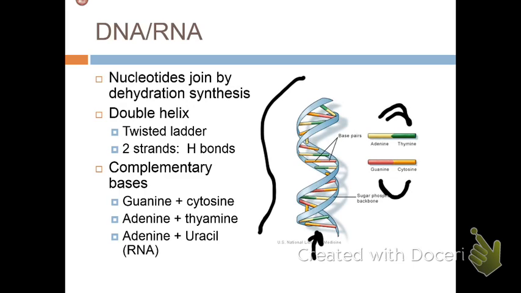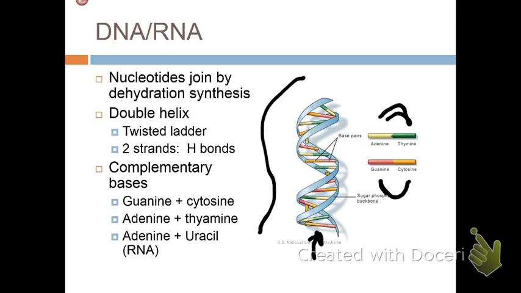These are called complementary base pairs in DNA and RNA. Guanine will always pair with cytosine. Adenine always pairs with thymine, and in RNA, that's where the nitrogenous base uracil is used. In that case, adenine binds with uracil.